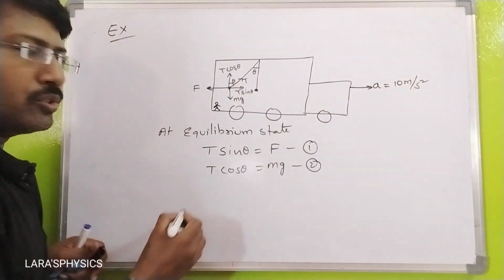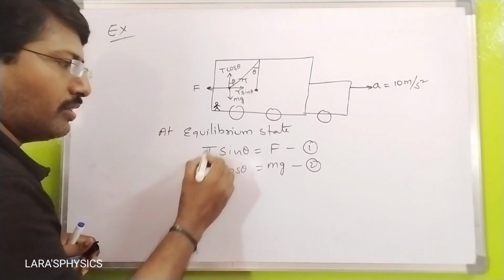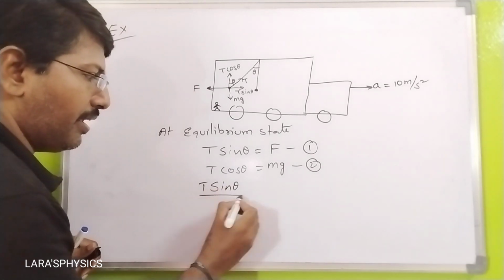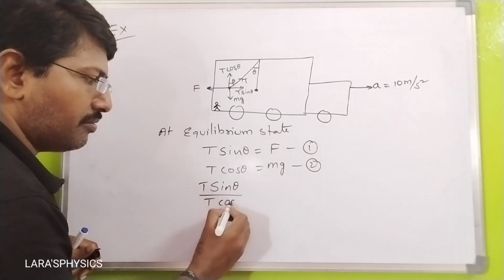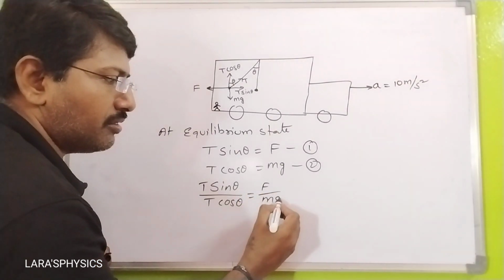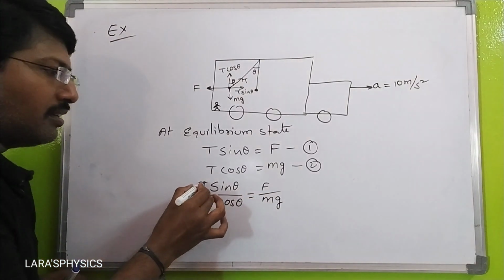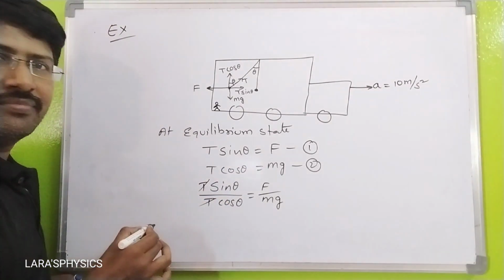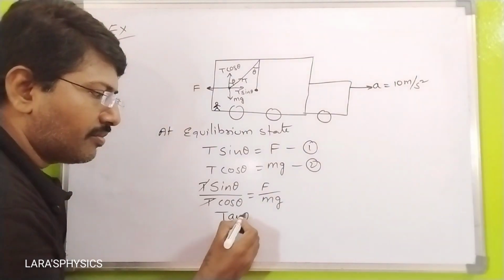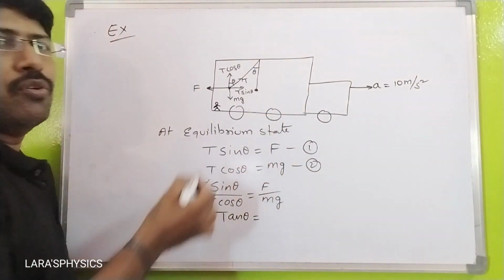If you divide these two equations, T sin theta by T cos theta equals F by mg. Here T cancels T. So sin by cos is tan theta, equal to F by mg, where F is equal to ma.